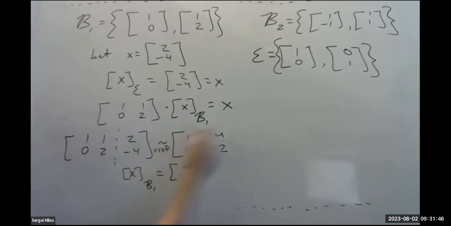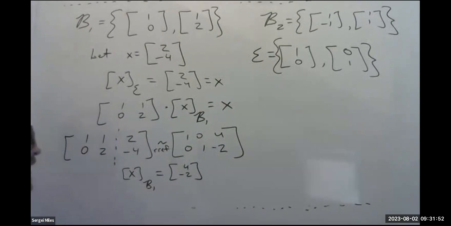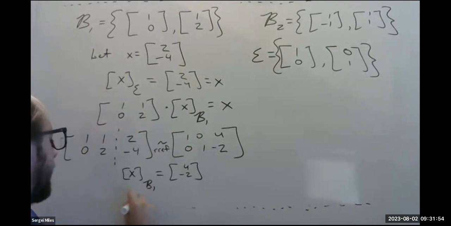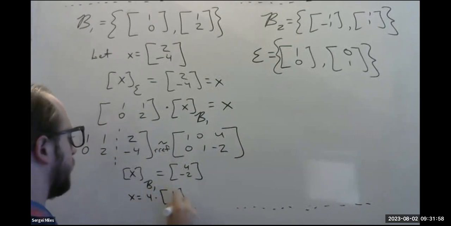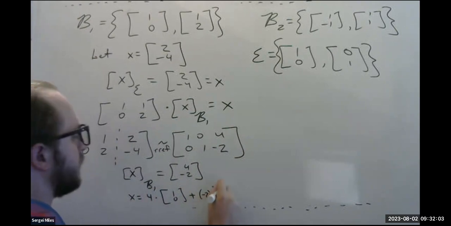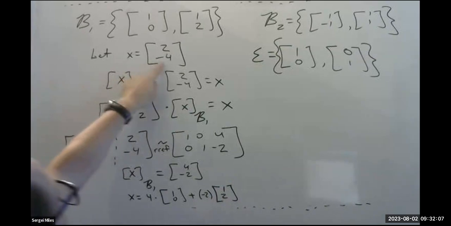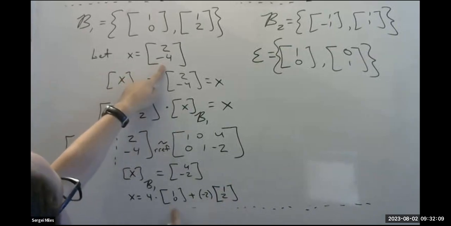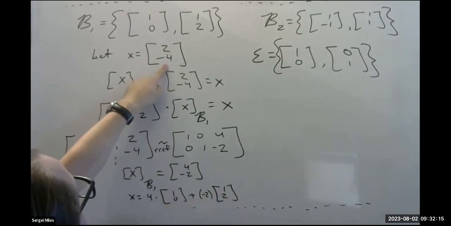In practice, what does this mean? This means x equals 4 times 1, 0 plus -2 times 1, 2. And lo and behold, here's my x. And yeah, this works out. I get 4 minus 2 is 2, 0, -4.